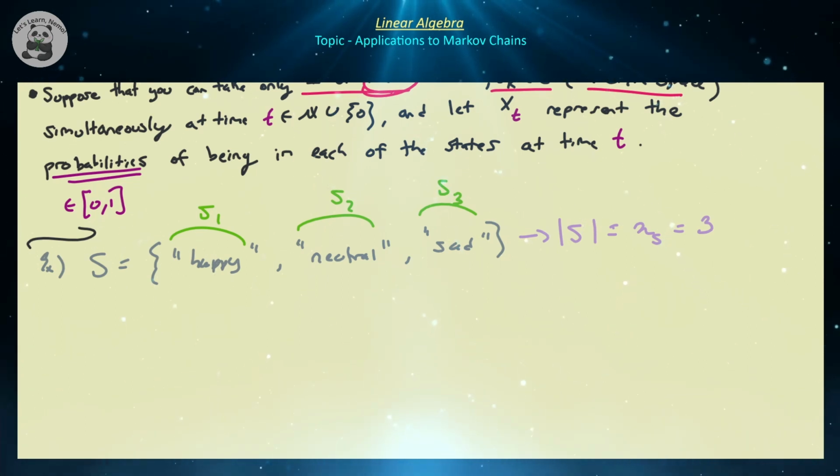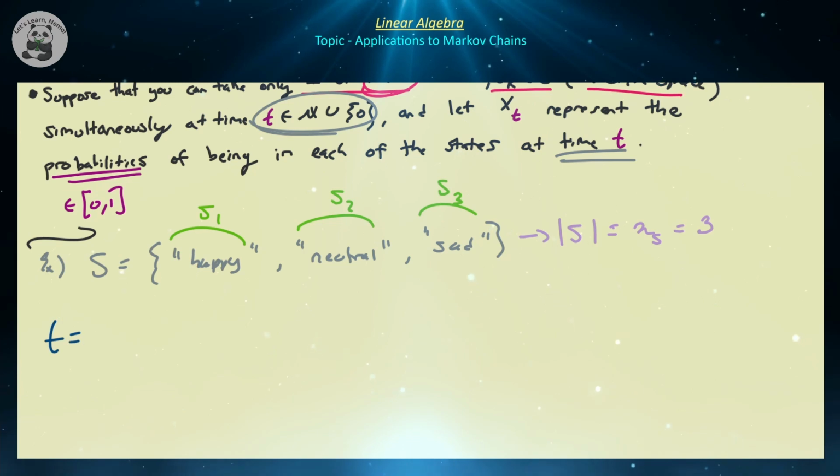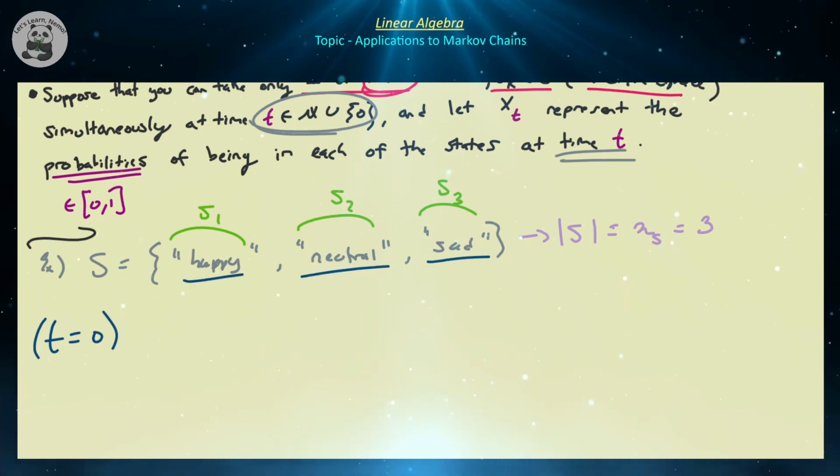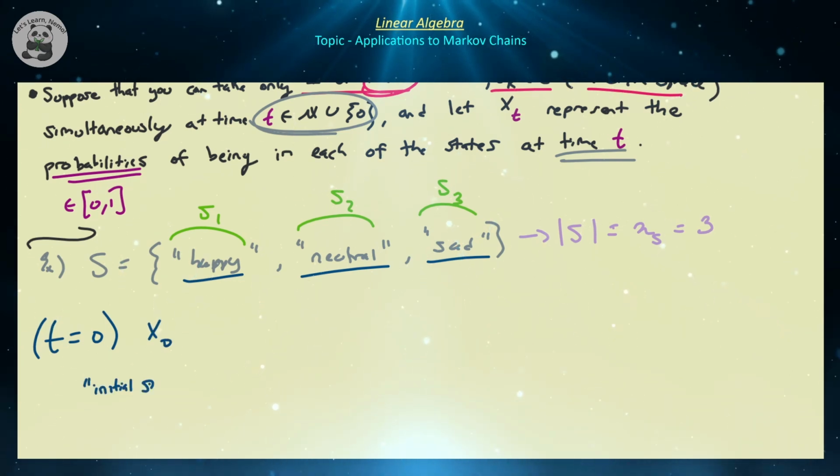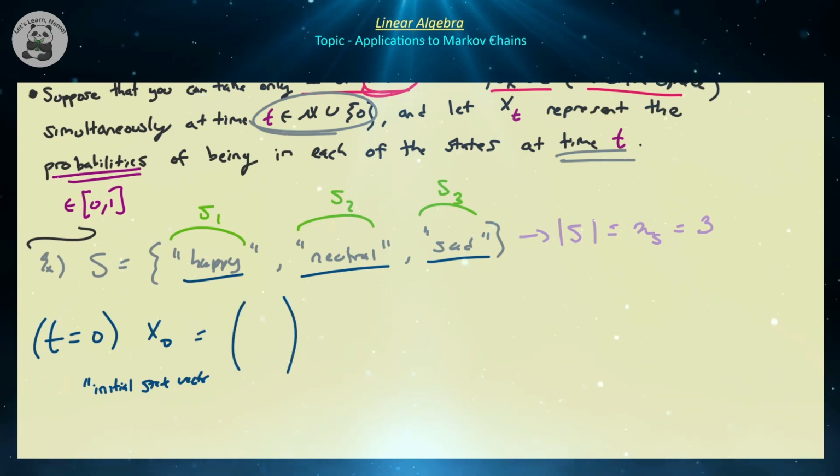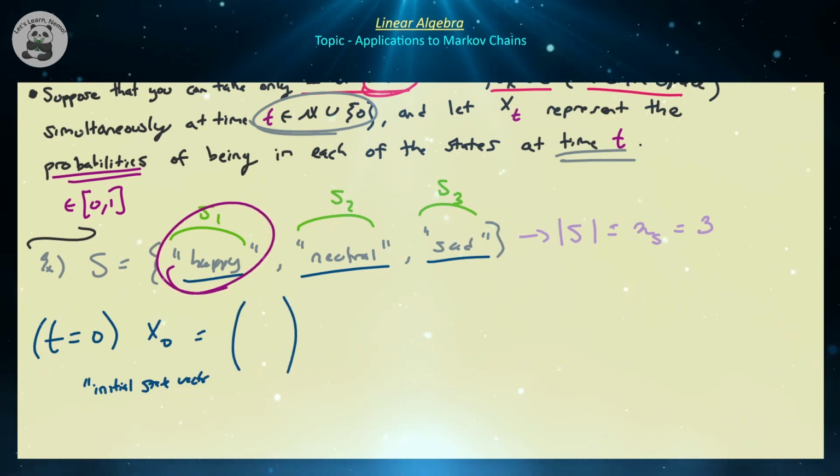So let's assume that we look at the initial probability, in particular at time t equals 0. So when t is equal to 0, we're either going to be happy, neutral, or sad. Sometimes x_0 is called our initial state vector, right? So let's assume that at time t equals 0, we actually start happy.